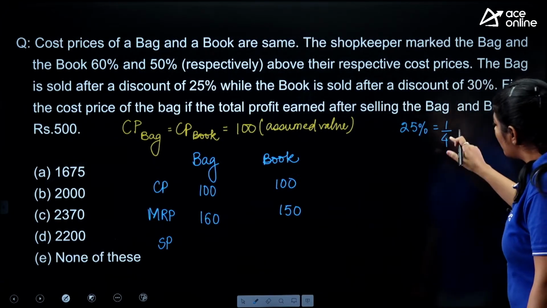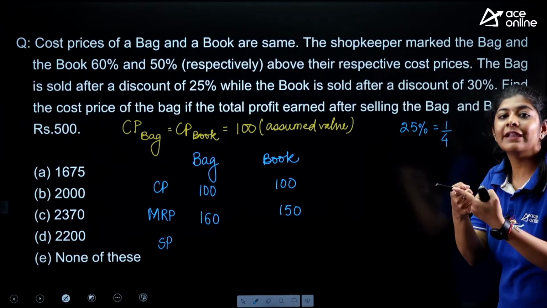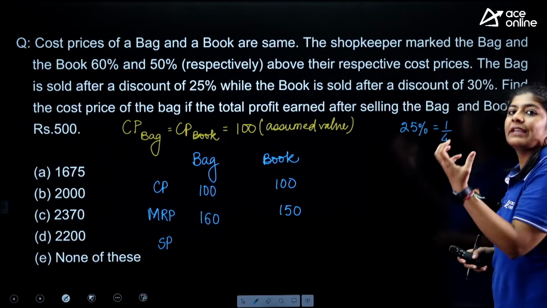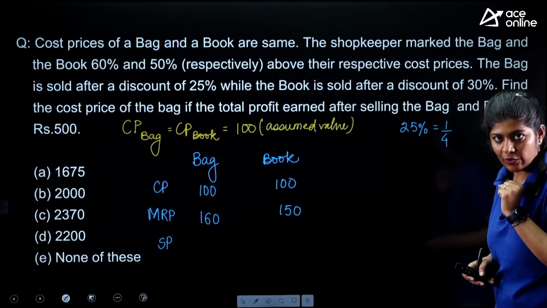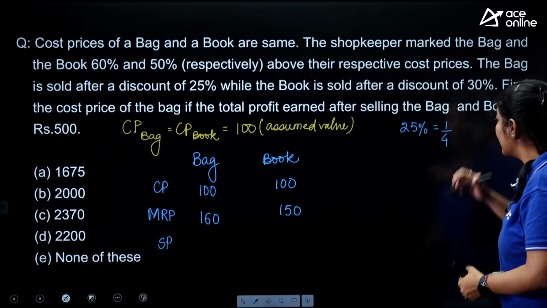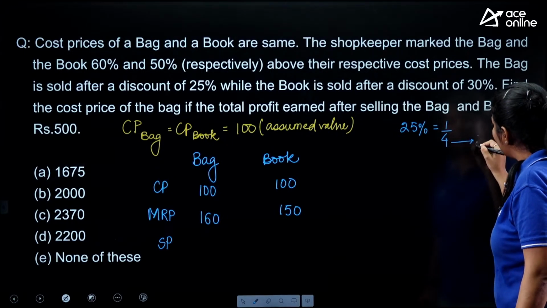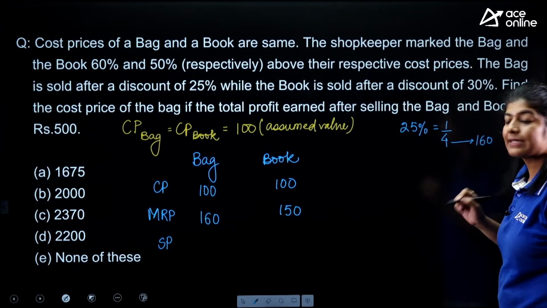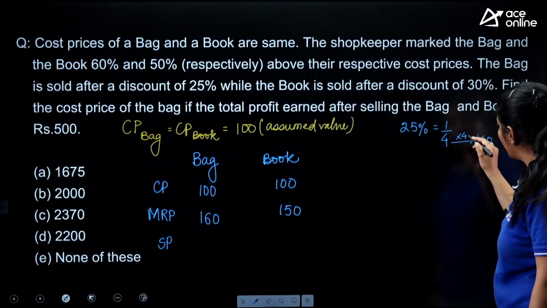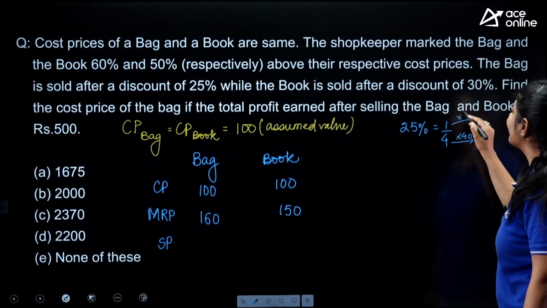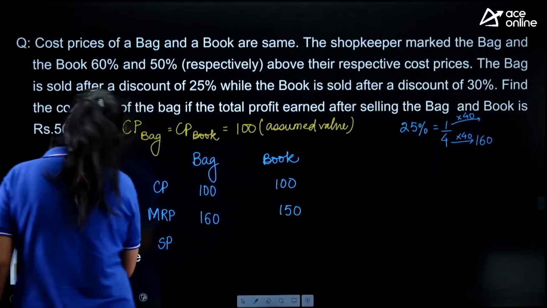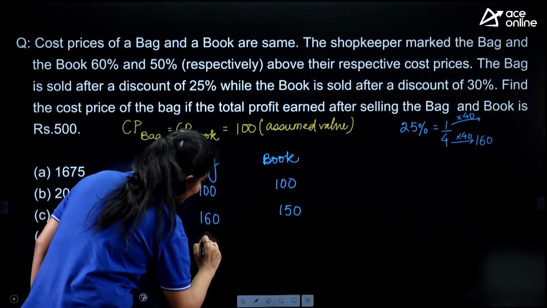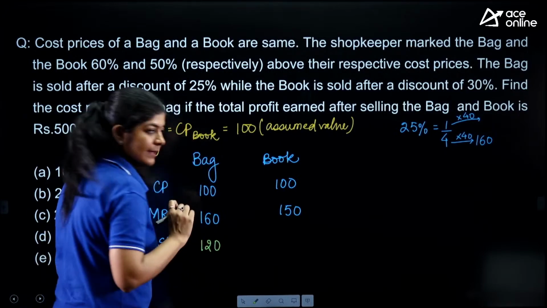So 4 represents the whole value, and if we have any item of 4 rupees, we give a discount of 1 rupee on it. But the MRP is 160. That means it is a multiple of 40, so we are giving a discount of 40 rupees. That means the selling price is 120 rupees.